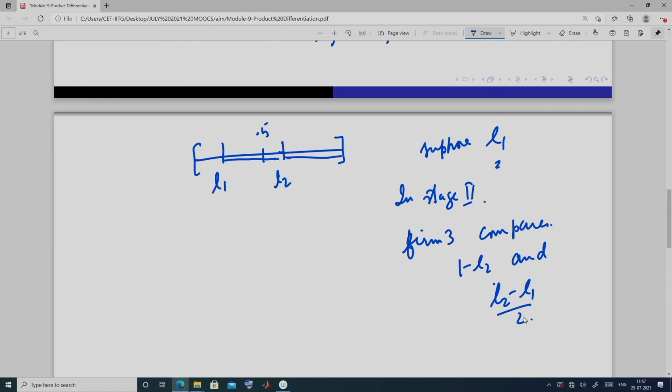If firm 2 locates here, to the right of L1, then the best response of firm 3 is to locate here.